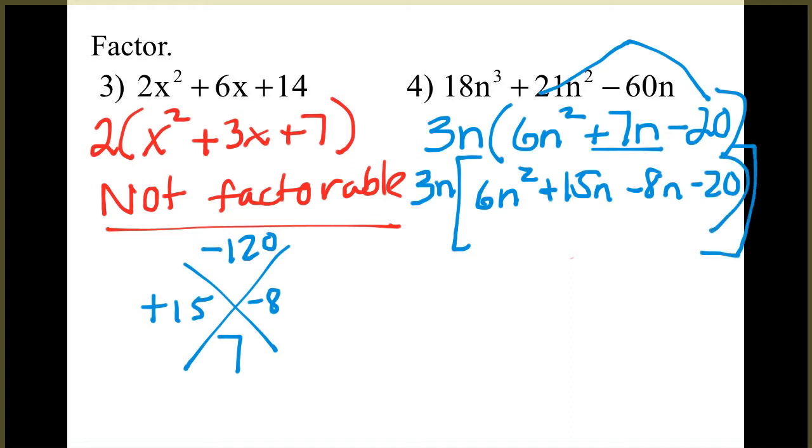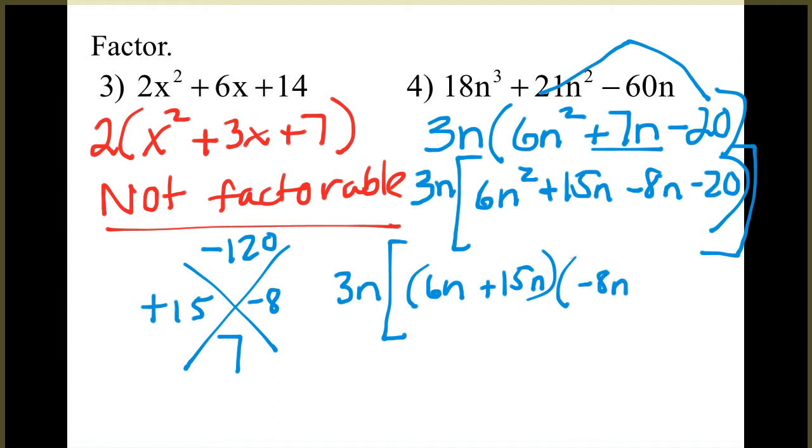Okay, so I divide it out. I'm left with 6n plus 15n and negative 8n minus 20. All right, I can divide a 3n out.